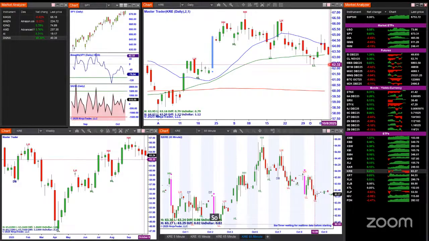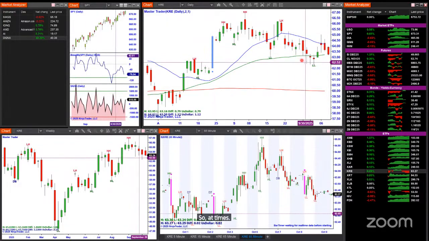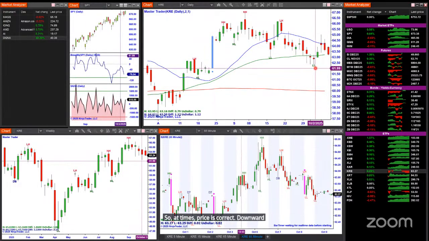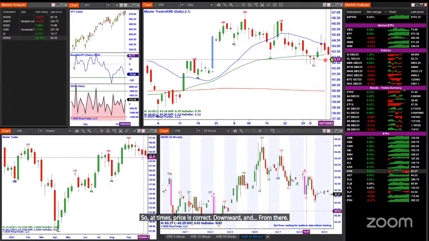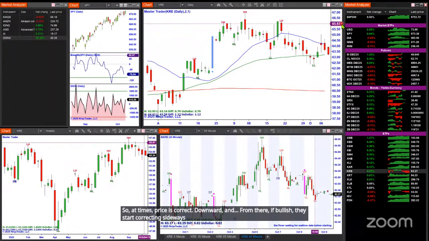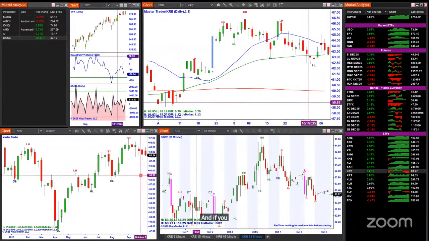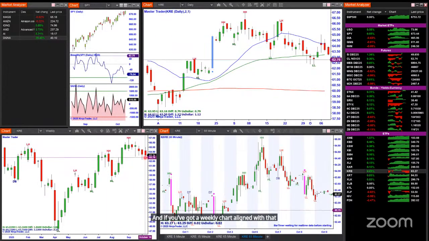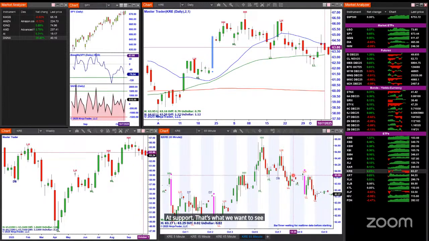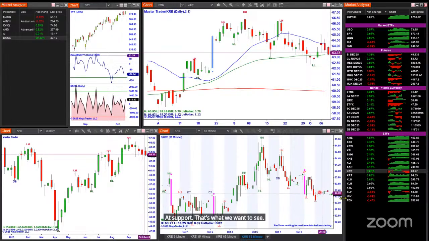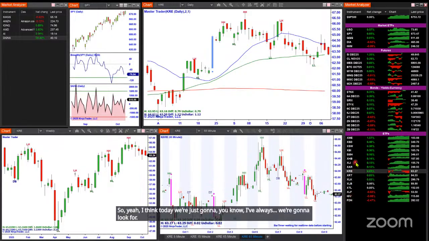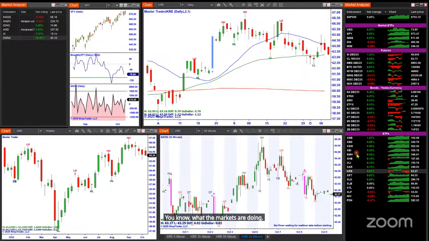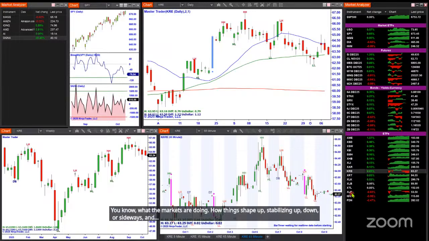At times prices correct downward, and from there, if bullish, they start correcting sideways, and that opens up the door to back up. And if you've got a weekly chart aligned with that, an uptrend at support, that's what we want to see. So today we're going to look at what the markets are doing, how things shape up, stabilizing up, down, or sideways, and of course the individual stocks.